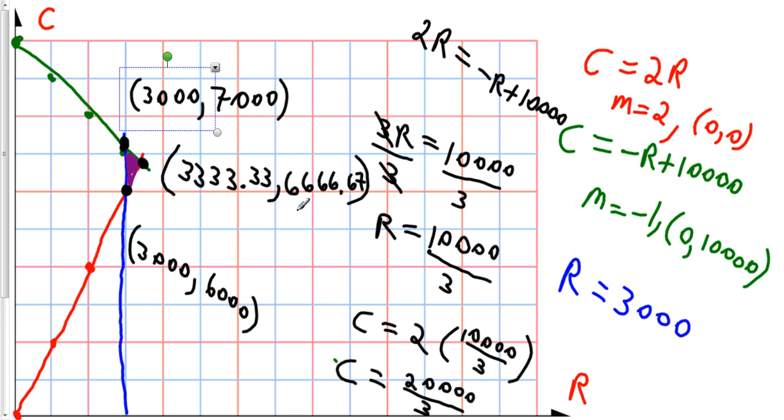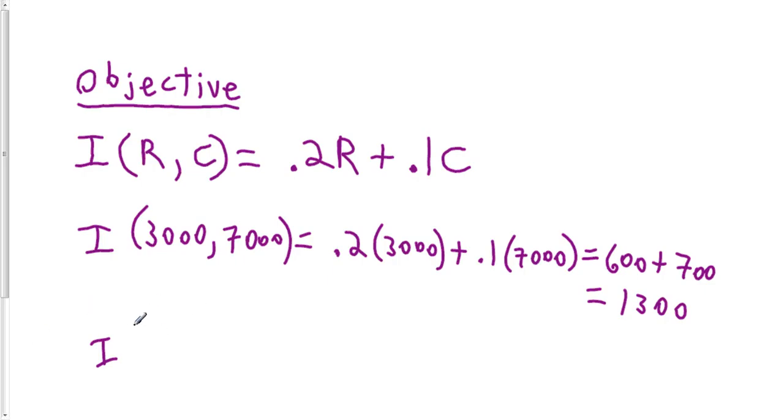This is going to be 10,000 over 3 and 20,000 over 3 that we're plugging in. So it's going to be 10,000 over 3 in the risky. And I'm using the fractions because I find it easier to do the calculations when I'm not using a calculator. But you can also use the decimal approximations that I gave.